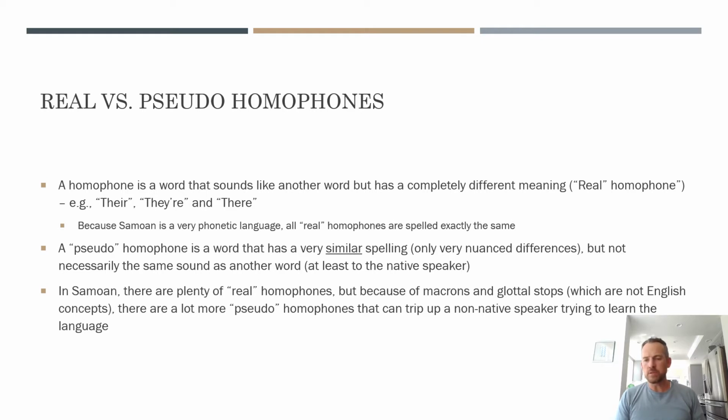The thing that really causes this phenomenon of pseudo homophones in Samoan is that Samoan has a glottal stop and it's got a macron, and those are concepts that we don't have in English. And so I don't think our ears are always trained to hear them, or certainly to speak them, or to differentiate. So maybe that's what's happening with you, maybe not.